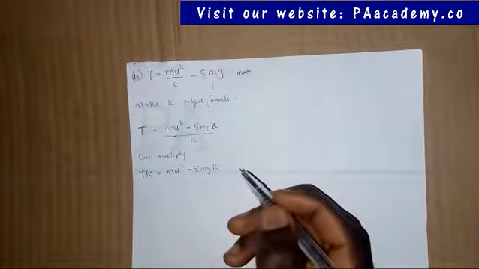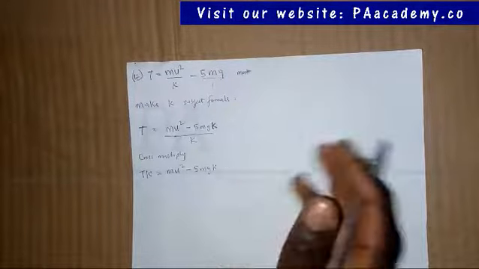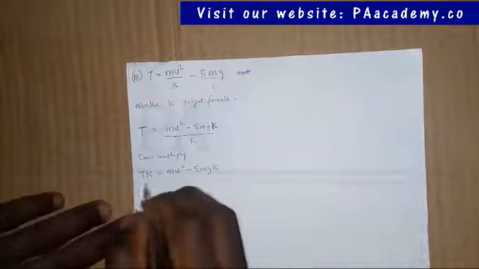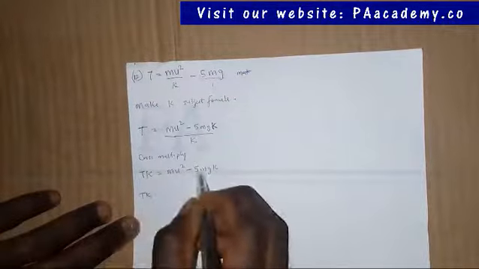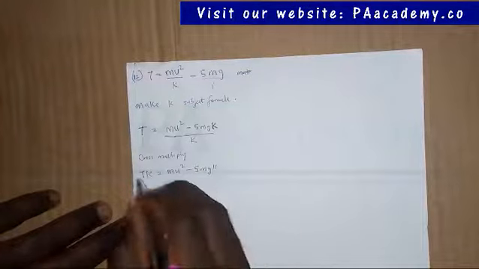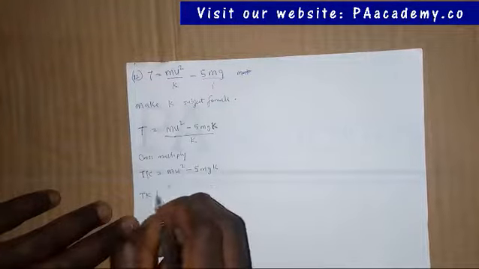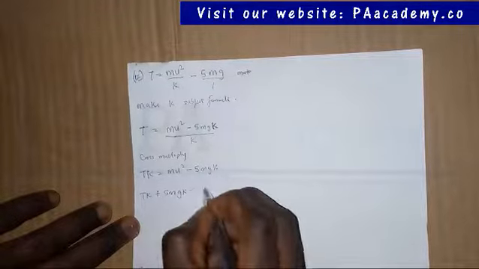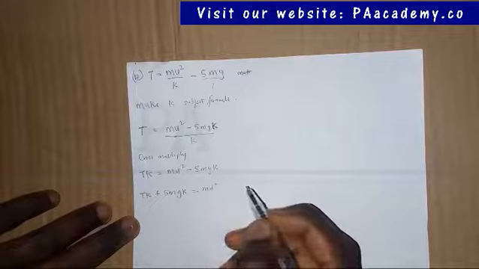So since we are trying to make k the subject of the formula, let's move everything that has k to the left and the other ones to the right. So we are going to have tk, and this minus 5mgk we bring to the left, it becomes plus 5mgk equals mu square. Exactly.